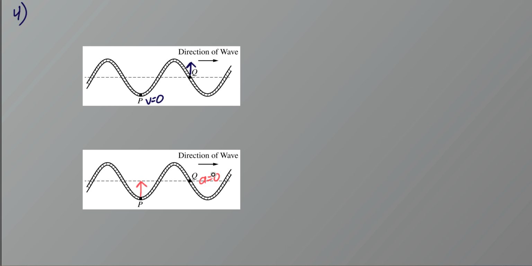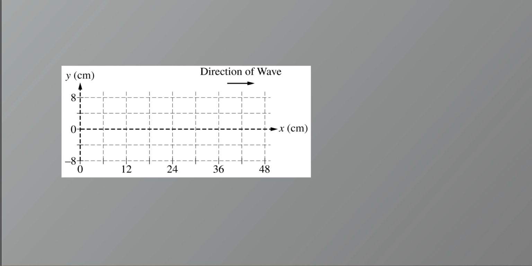Now we go and take a look at part B. Part B says on the grid below, draw the string at a later time, t equals period over 4, where capital T is the period of the wave. All right, and it gives us a practice grid. Hopefully I won't make any mistakes, but thankfully I have an eraser. But it looks like the wave is shifted a quarter wavelength to the right.